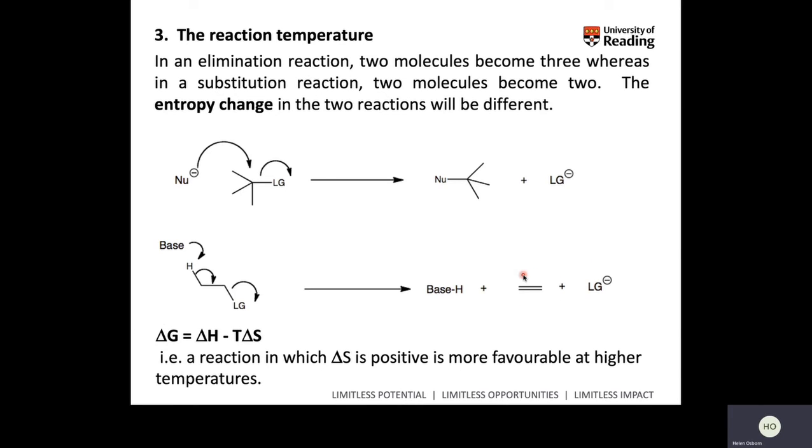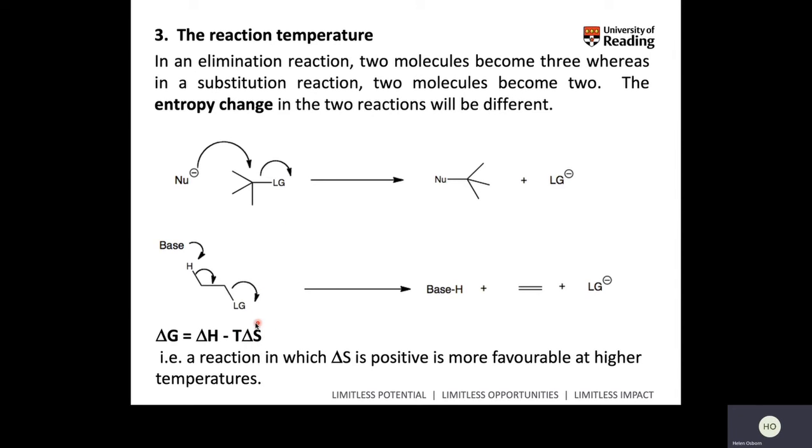We've made our alkene, that gives us the second molecule, and we've kicked out our leaving group, which gives us our third molecule. So for elimination, we've got two molecules on the left, giving us three molecules on the right. So we're creating more molecules from our reaction than we had in our starter materials, and therefore we are creating entropy, we're creating chaos. So for the elimination reaction, the delta S is going to be larger than for the substitution reaction.